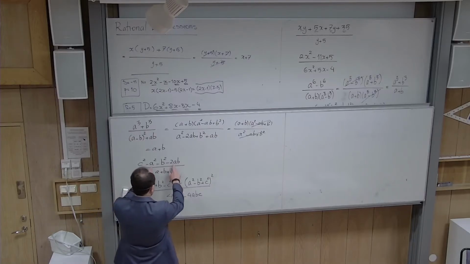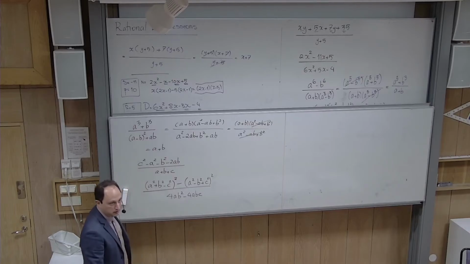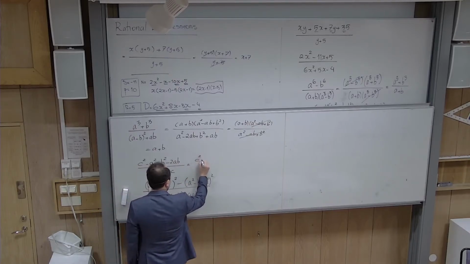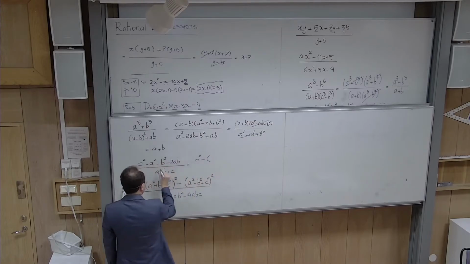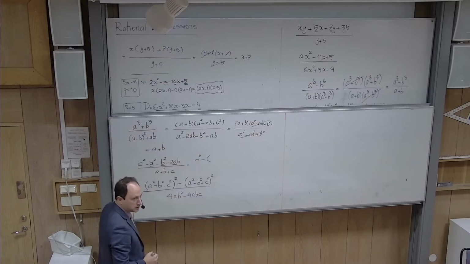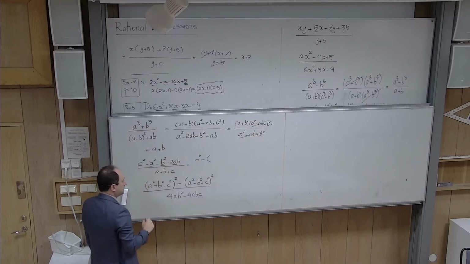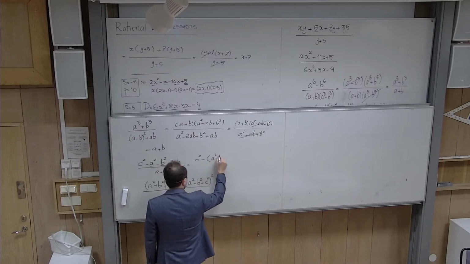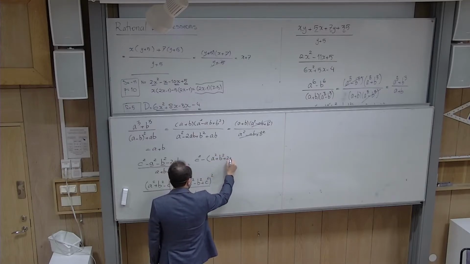So between these three, I can factor a negative sign out, yes? So then this becomes c squared minus, this is one of those cases where you have to group three of them and one alone, yes? We had these kinds of problems yesterday, if you remember. So this becomes a squared plus b squared plus 2ab and then divided by a plus b plus c.